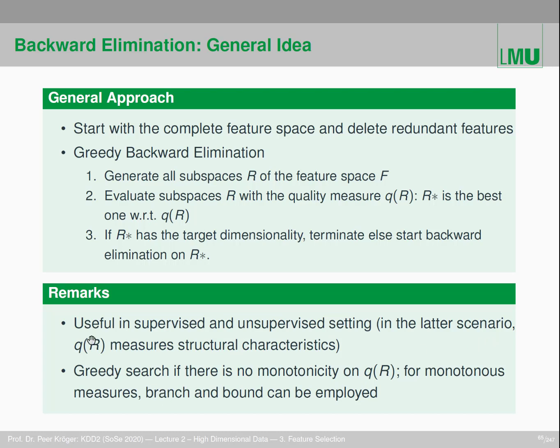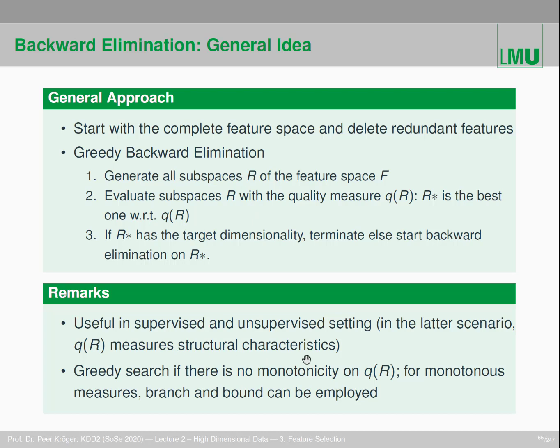That is useful in supervised and unsupervised settings, because you can now also measure structural characteristics. You can do that also in the forward feature selection, but here it's really worth it, because you always evaluate feature subsets and not individual features.